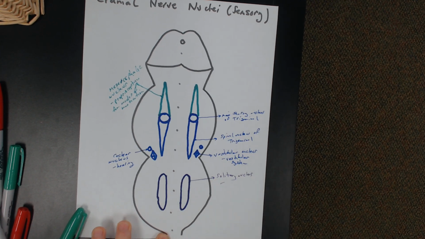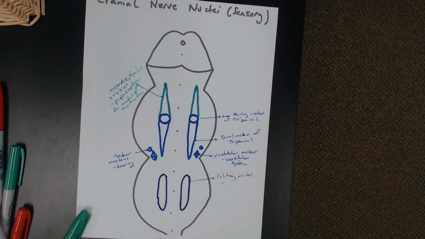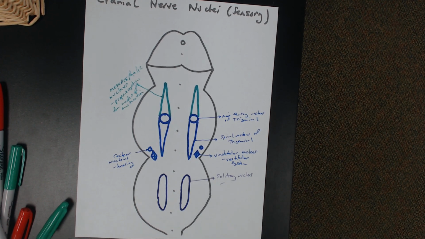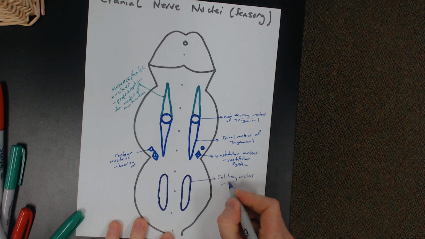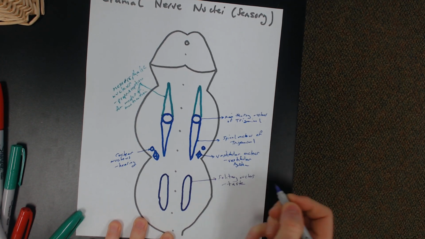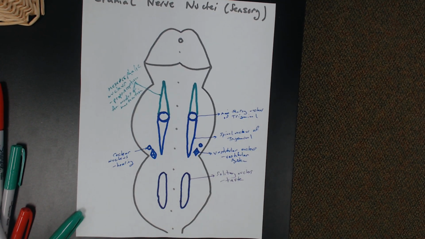Okay. The big function that comes along with the solitary nucleus is going to be what? Taste. Cranial nerve number 7 uses it. Cranial nerve number 9 uses it, and cranial nerve number 10 all use the solitary nucleus for taste. Okay, 3 different cranial nerves all using the same nucleus.